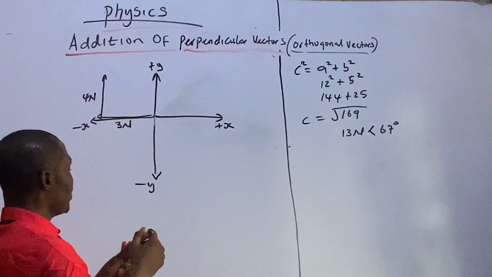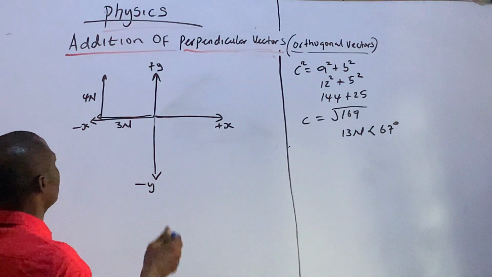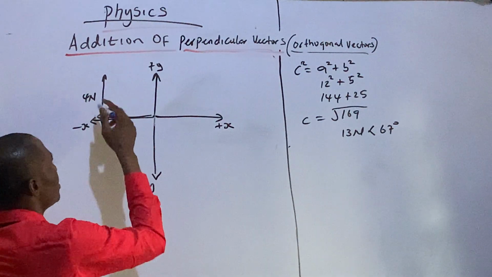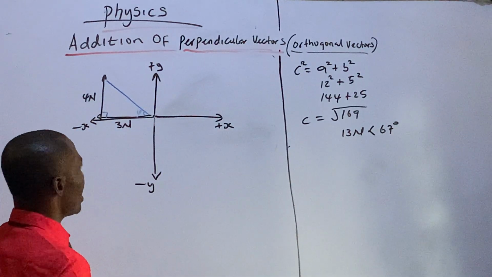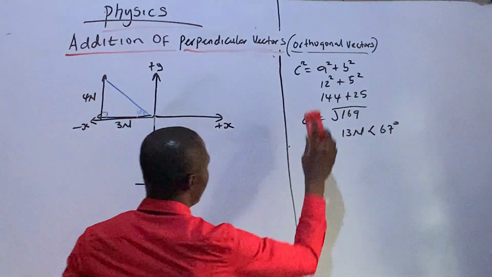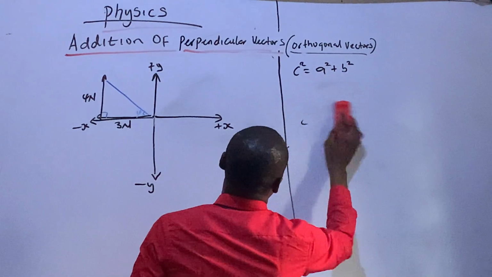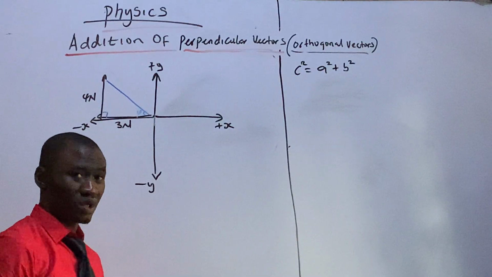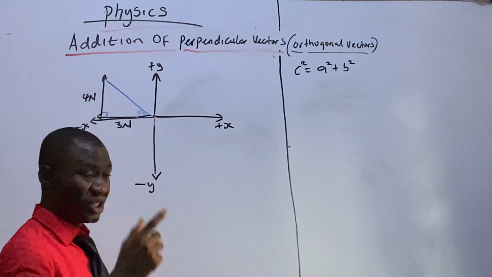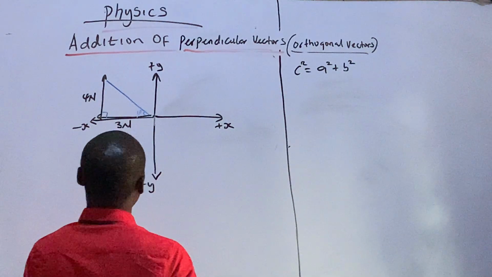Now, if you look at these vectors, the two of them are going to form an angle of 90 degrees to each other. So they are going to form a triangle. So we're still going to use that formula from Pythagoras. So c squared is equal to a squared plus b squared. Now, what's going to be my c squared?